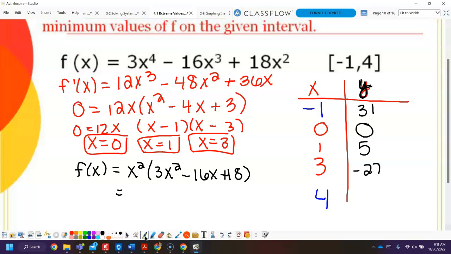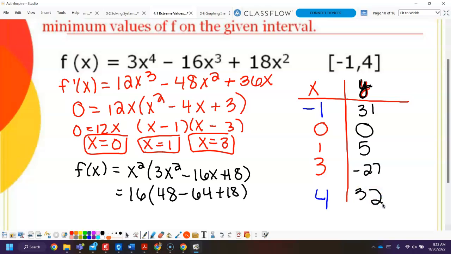Now let's try 4. 4 squared is 16. 16 times 3, we already know is 48. 16 times 4 is 64, plus 18. So 48 plus 18, 58 plus 6 is 66. So 66 minus 64 is 2. 32.